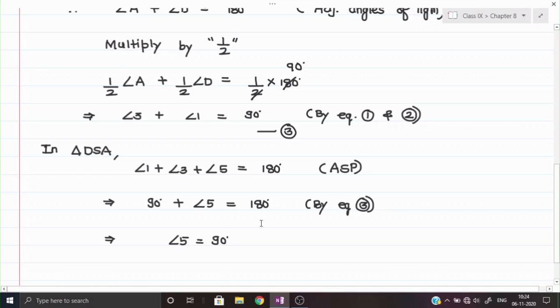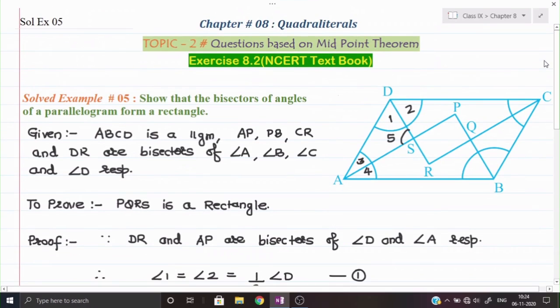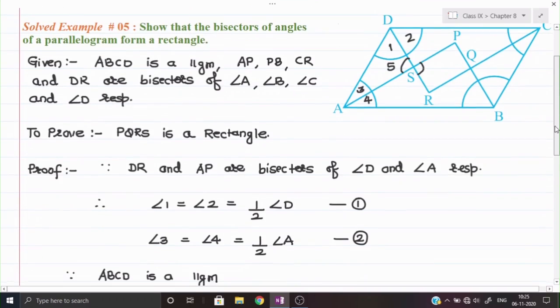Also now look at the angle 5 and the angle in front of that carefully. So see angle 5 and this angle I am talking about, this angle is actually angle S. Actually angle 5 is also called angle S, but angle S we are taking as an interior angle of quadrilateral PQRS. So angle 5 and angle S, you observe carefully, both are vertically opposite angles and hence they will be equal.